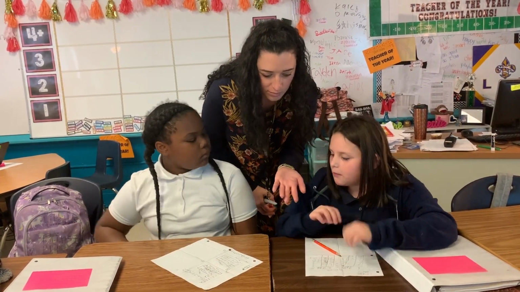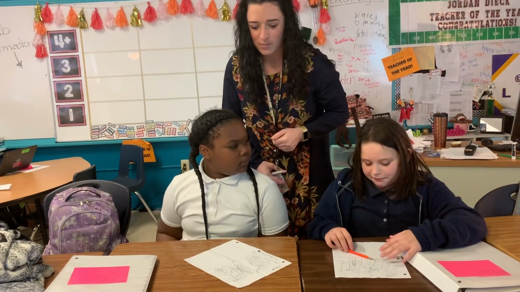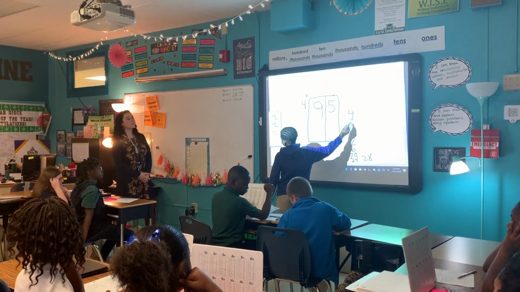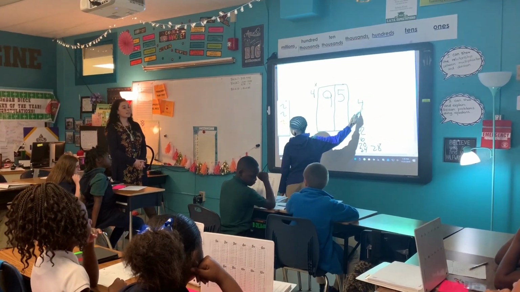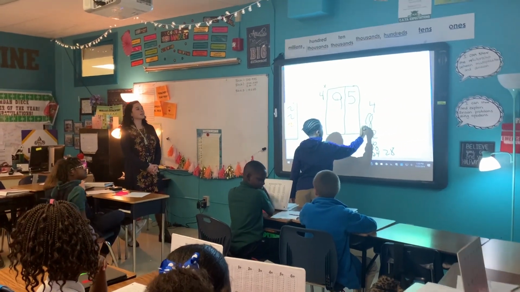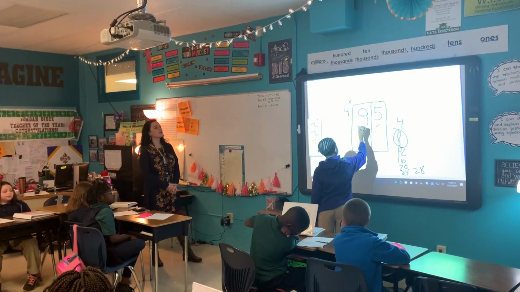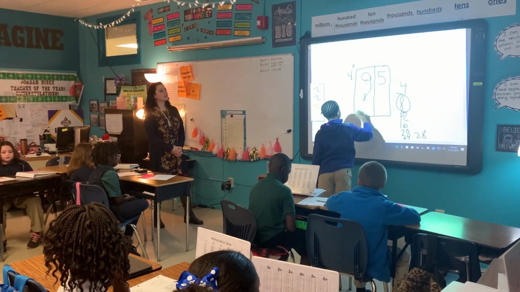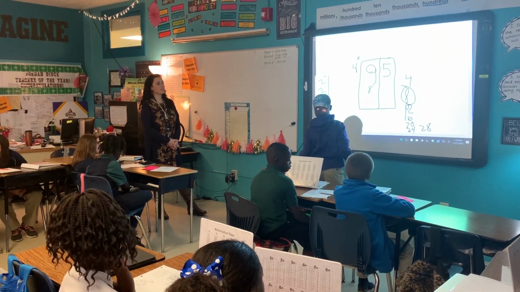Perfect. Give me 5. Good job. Circle the 8. Why the 8? Because it's smaller than 9. And what did you do?